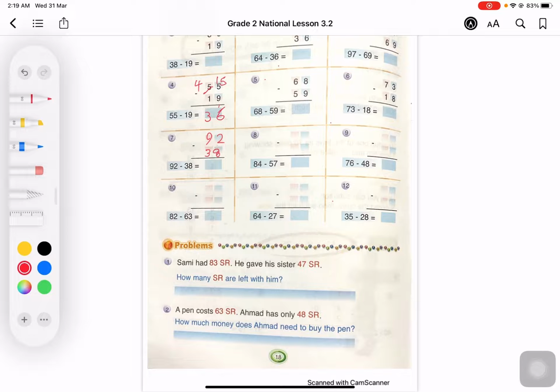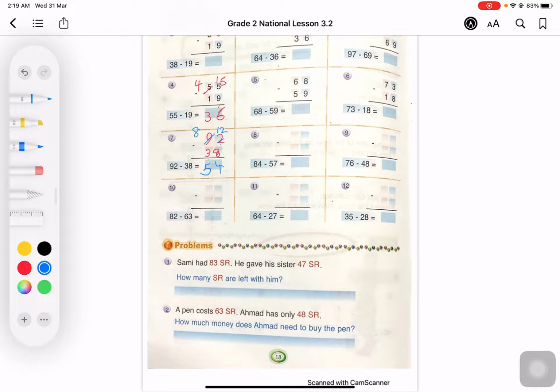No. What are you going to do? Regroup, cross the 9, the tens, it will be what? 8. What will happen to the 2? It will become 12. 12 minus 8, put 8 in your mind, count on, it's 4. Now 8 minus 3, put 3 in your mind, count on until you reach 8, it is what? 5. So the difference between the two numbers is 54.